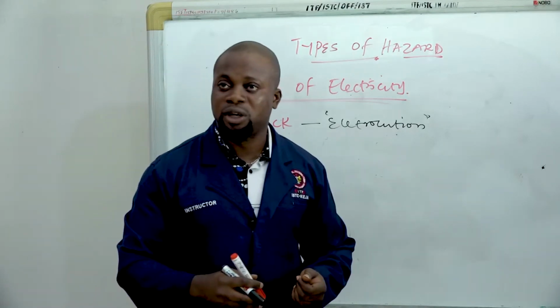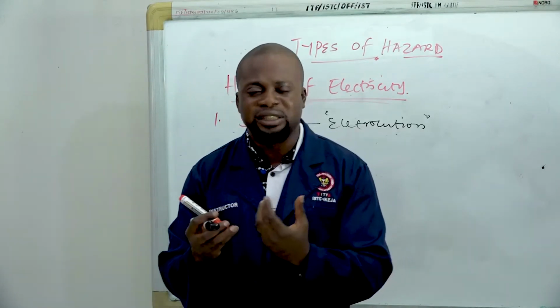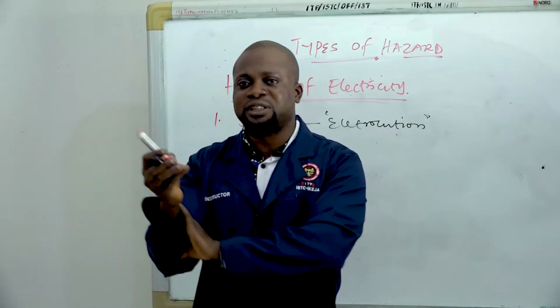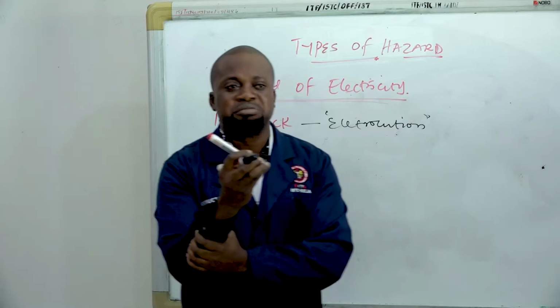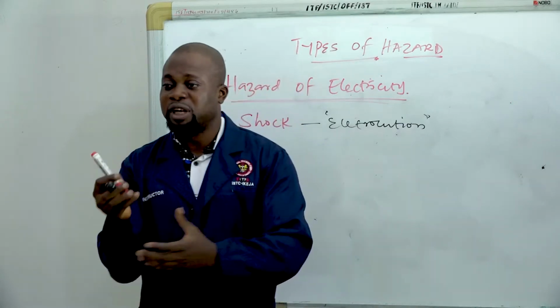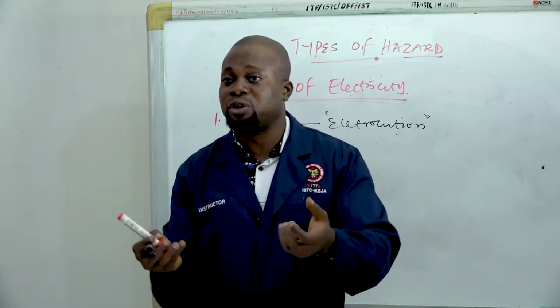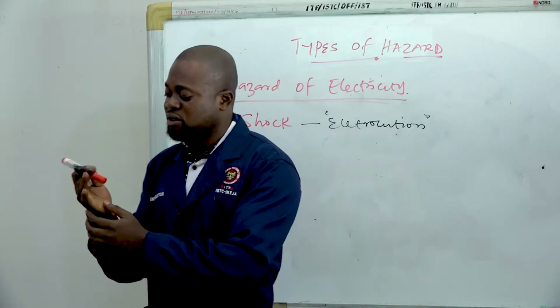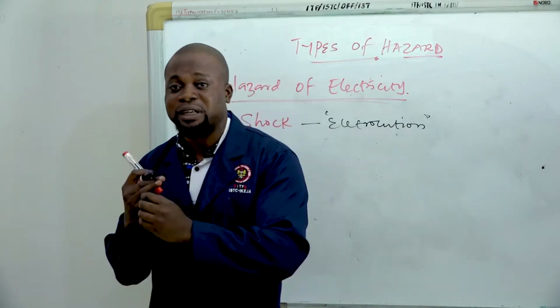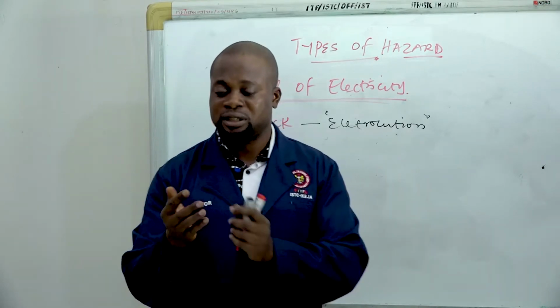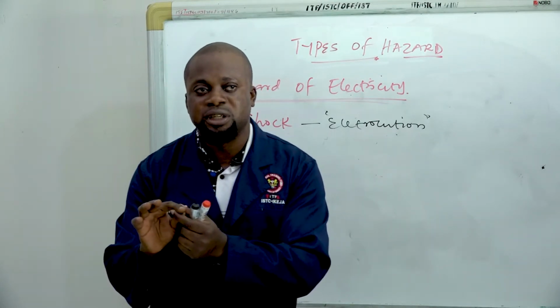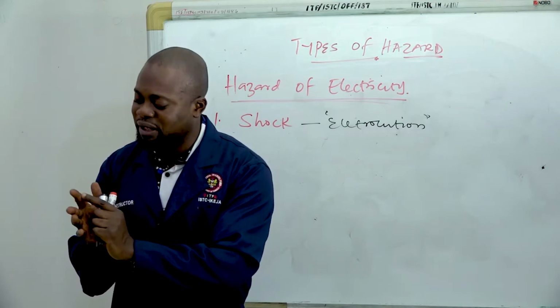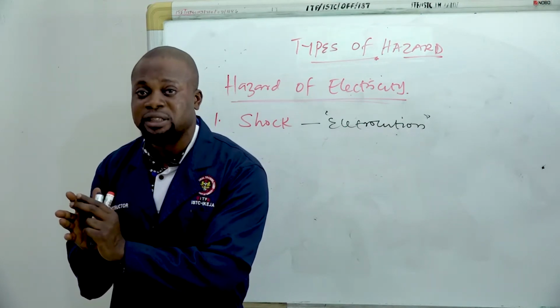You can always narrate when it has to do with shock. So shock, as I said, is a tingling sensation that affects our muscle. It contracts the muscle, leading to injuries. Sometimes you receive a shock, and the part of the body that made contact with the electricity looks as if it's dead.